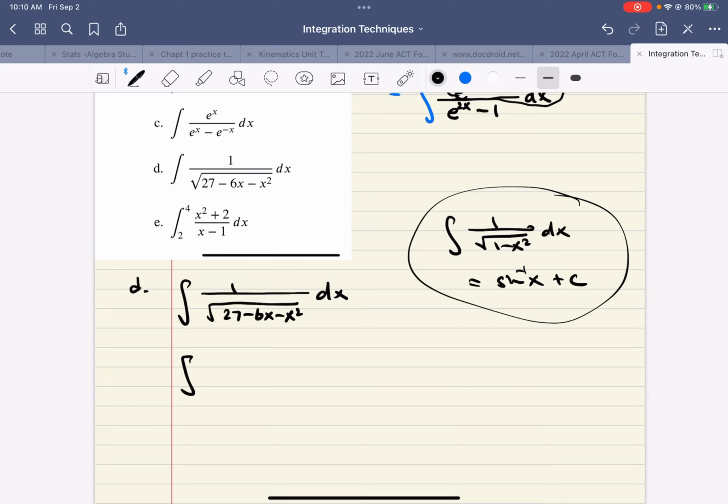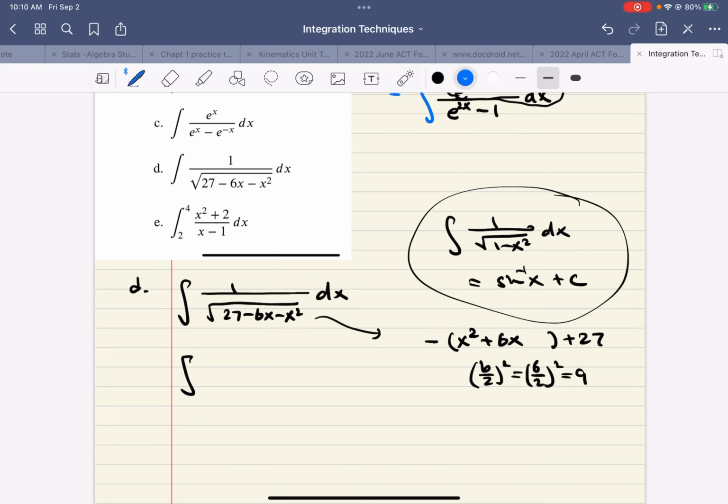So what you can do from here when you complete the square, so let's say you take out only inside here, you take out negative x squared then plus 6x, okay, and plus 27. Now b over 2 square, so 6 over 2 square, 9.